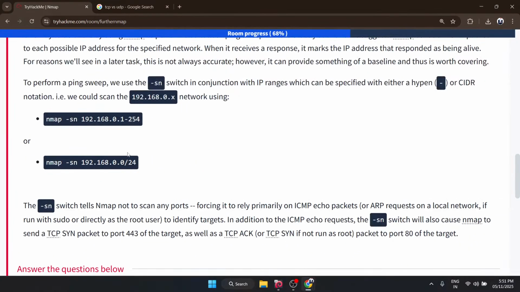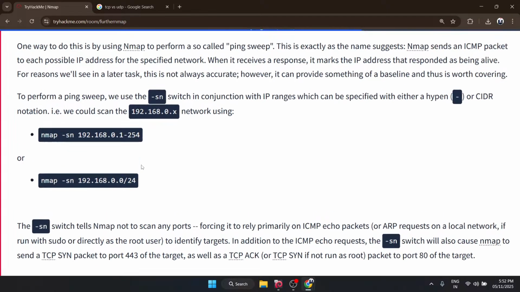Class A has 16 million plus addresses that will be scanned, so we better give a specific range. Do not use it for class A. It's better to use it for class C only.